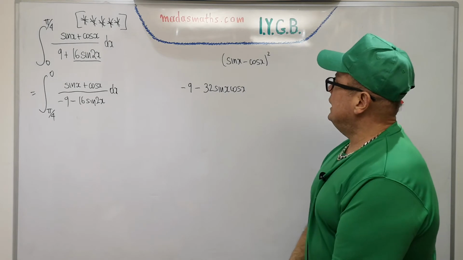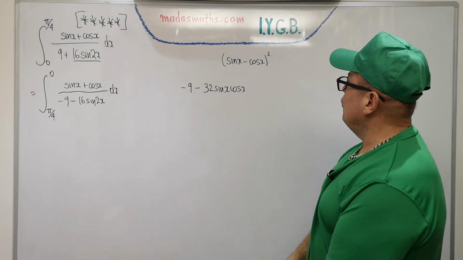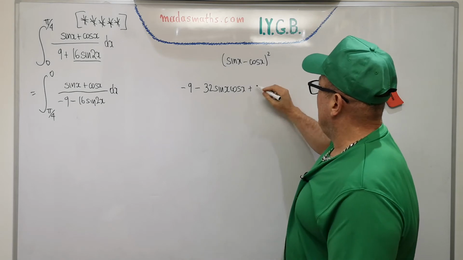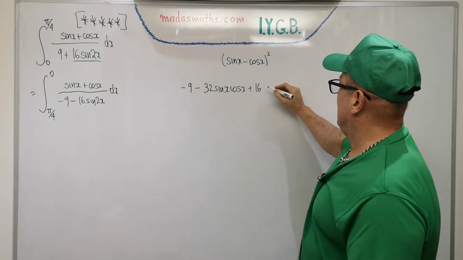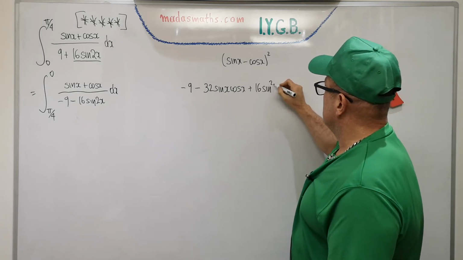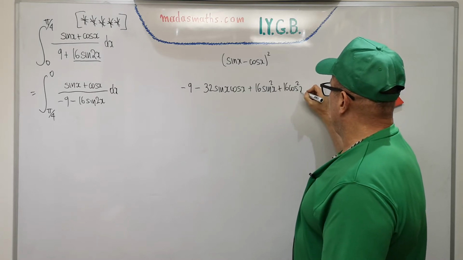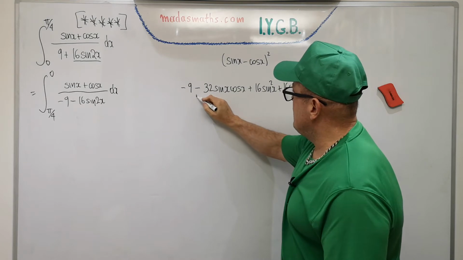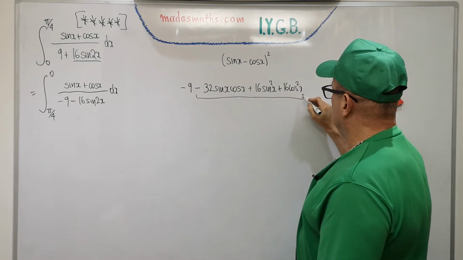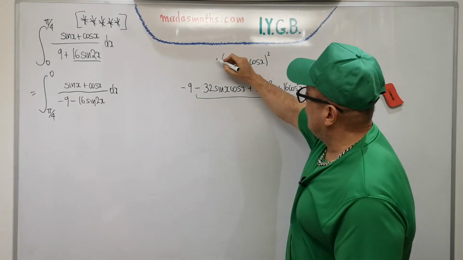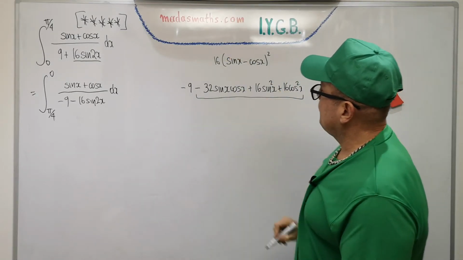So in order to do that, I need, of course, to add to this particular quantity a 16 sine squared x plus 16 cos squared x. If you look at including the minus here, if I factorize the 16 on the outside, it'll be like this basically.